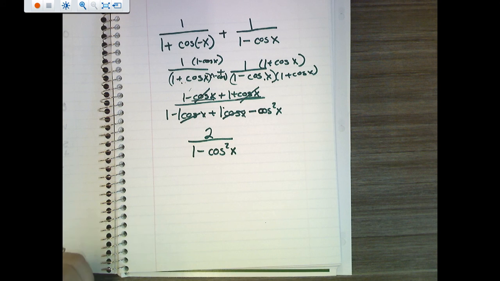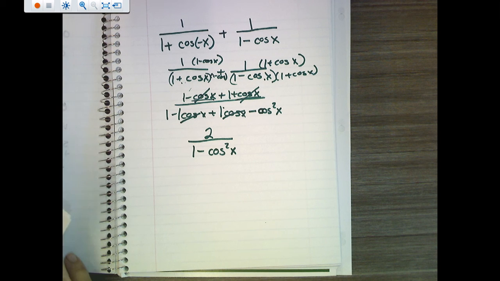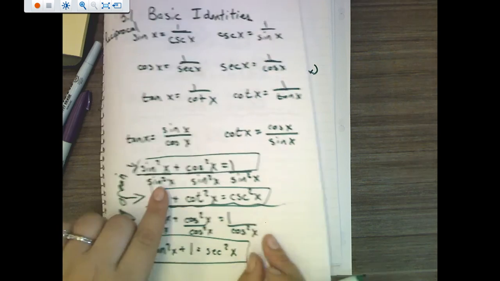And now what I also want you to be able to recognize, so we'll go through and rewrite these all differently as well from your Pythagorean identities. Your 1 minus cosine squared, I want you to recognize that as the same as sine squared.